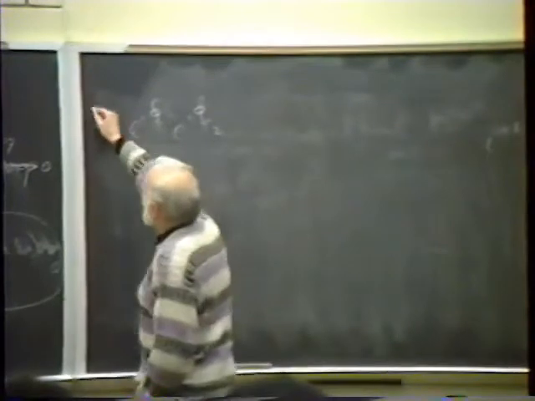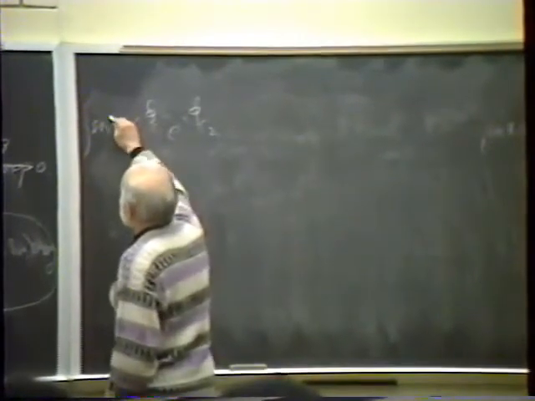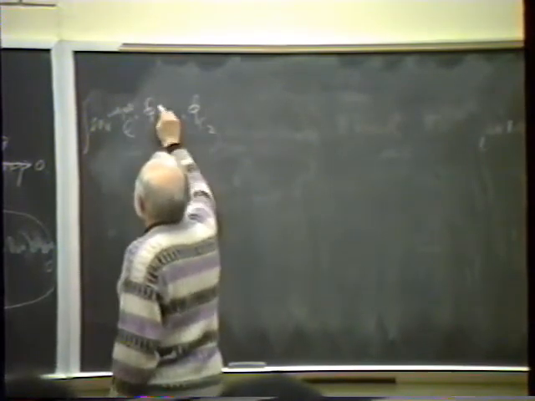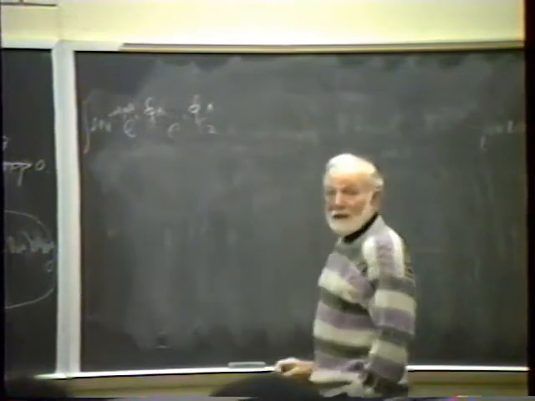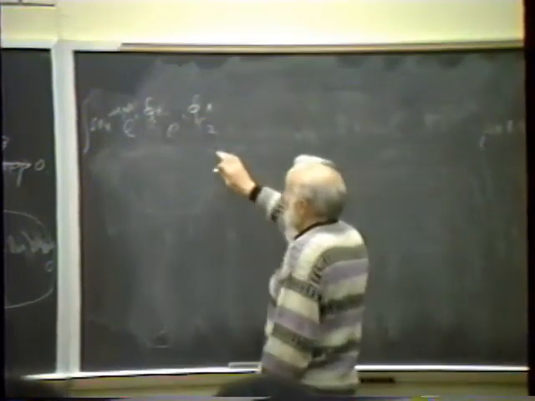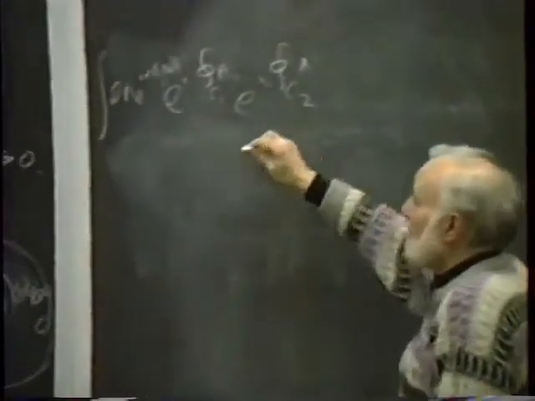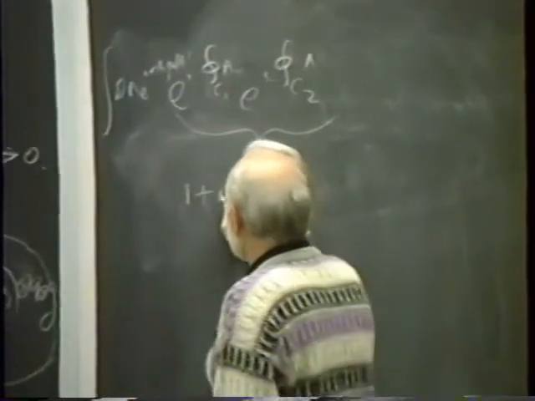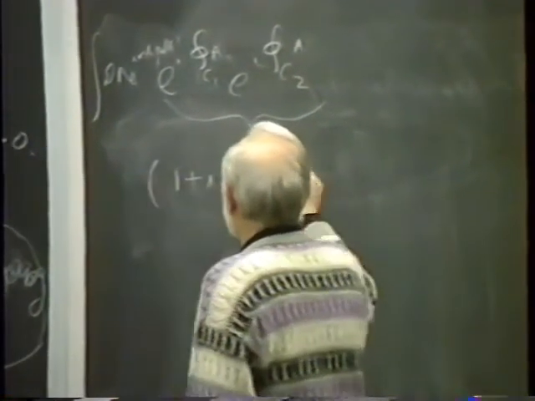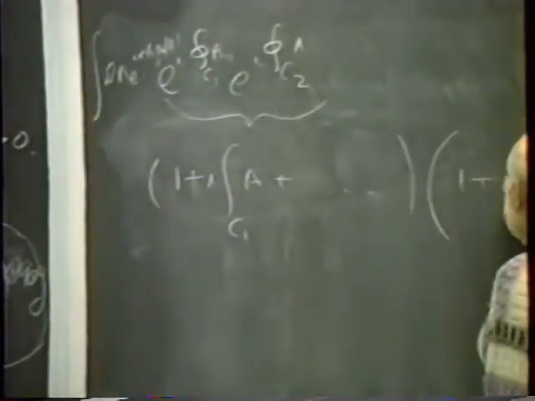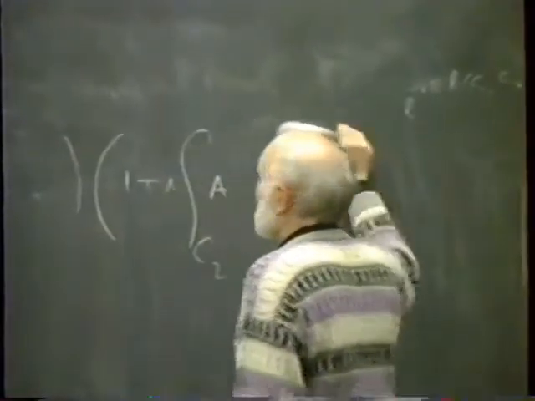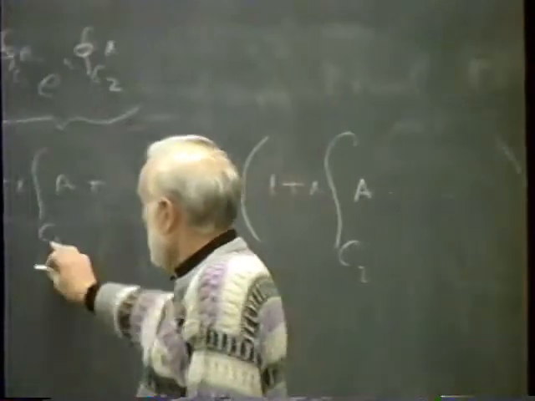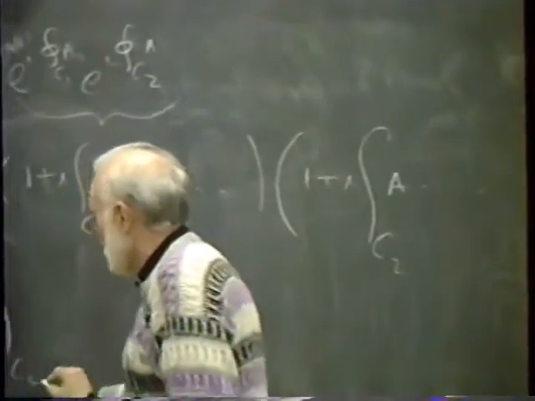So I've got a certain integral here, dA, e to the i, the quadratic term, A curl A, like this. When I want to see the linking number, then I really want to expand this term in a power series. And what I get is 1 plus i integral of C1 of A, 1 plus i integral of C2 of A. When I multiply, take these outside, I get an integral C1, integral of C2.